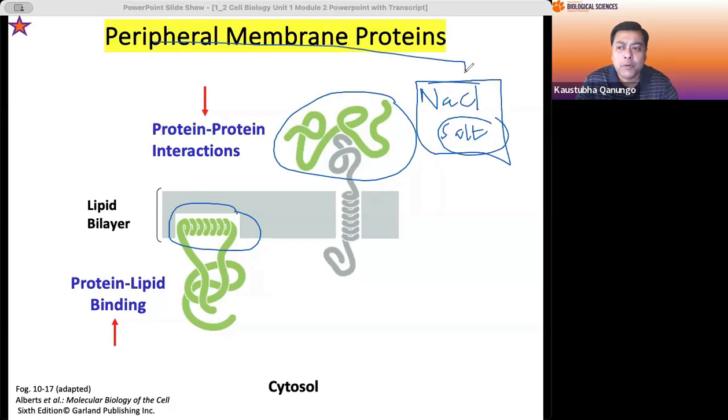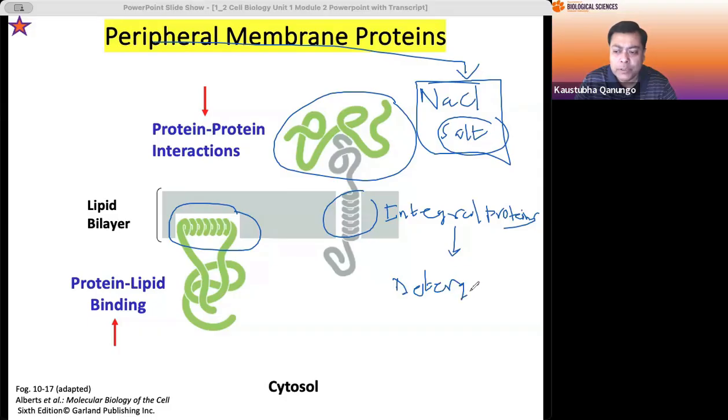So peripheral proteins can be extracted just by adding salt or sodium chloride. Whereas this is the integral protein. Remember that the integral protein will need detergents, which we just talked about.